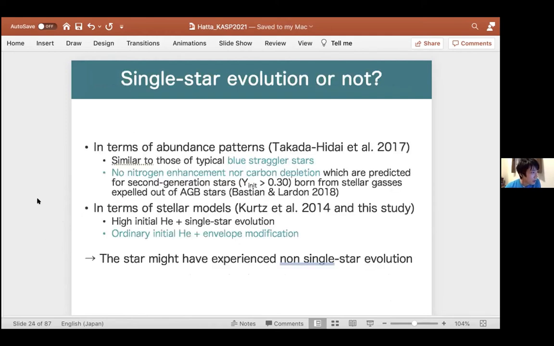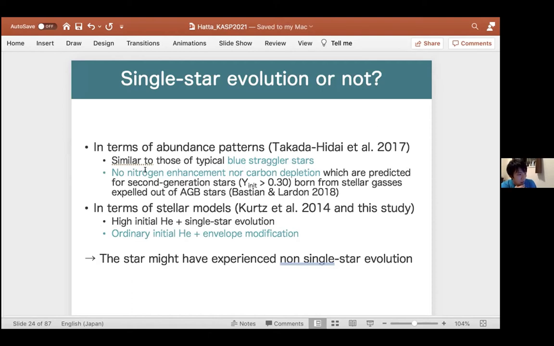Then I'm going to discuss whether this star has experienced single star evolution or not. In terms of abundance pattern, as I said, the abundance pattern of this star is similar to those of typical blue star clusters. Another point is that for this star, no nitrogen enhancement and no carbon depletion has been measured, according to Takada-Hidai et al.